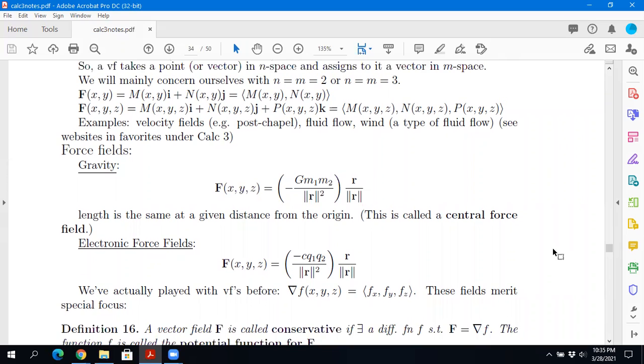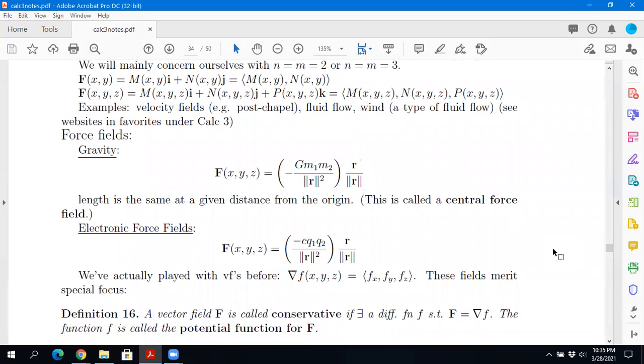I'll come back to this a little later, but we've actually played with vector fields before, believe it or not. We've seen the gradient. Yes, the gradient is itself a vector field. If you think about it, it takes three variables of input, and it has three dimensions of output: the x derivative, y derivative, and z derivative.